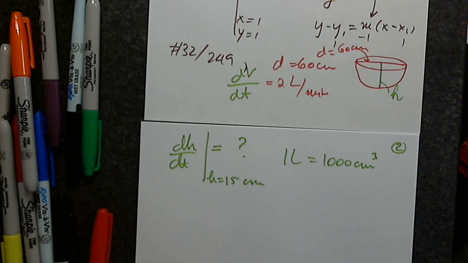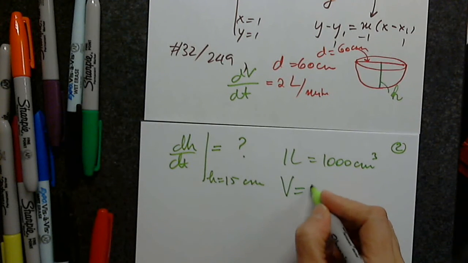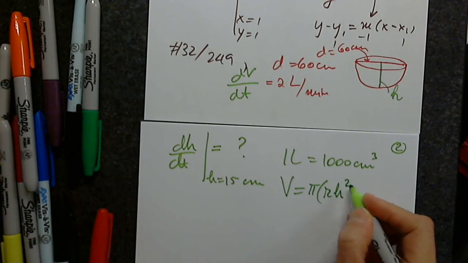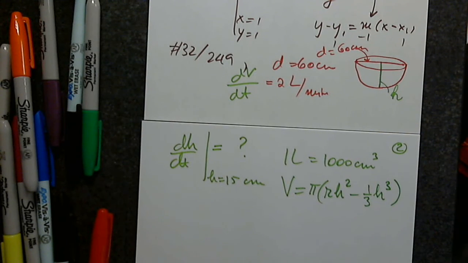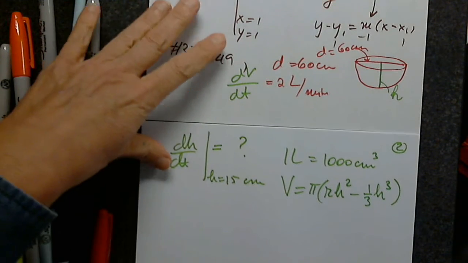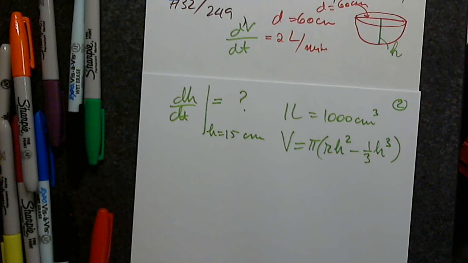So we're given V equals pi r h squared minus 1/3 h cubed. Well, that's nice. That's very helpful.